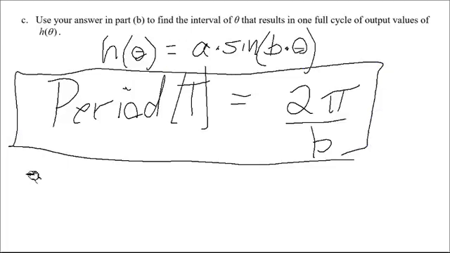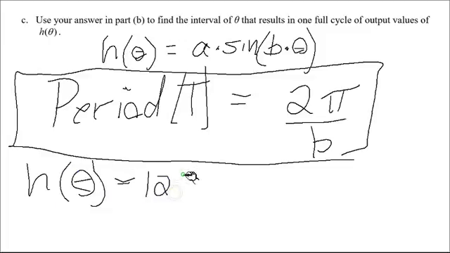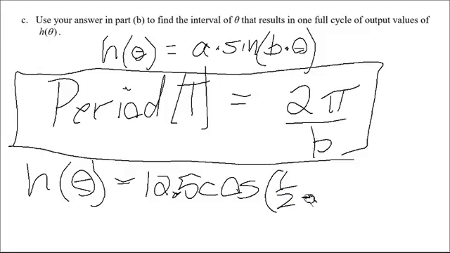And in our case, h of theta equals, what was it, 12.5 cosine of 1/2 theta, or theta over 2.